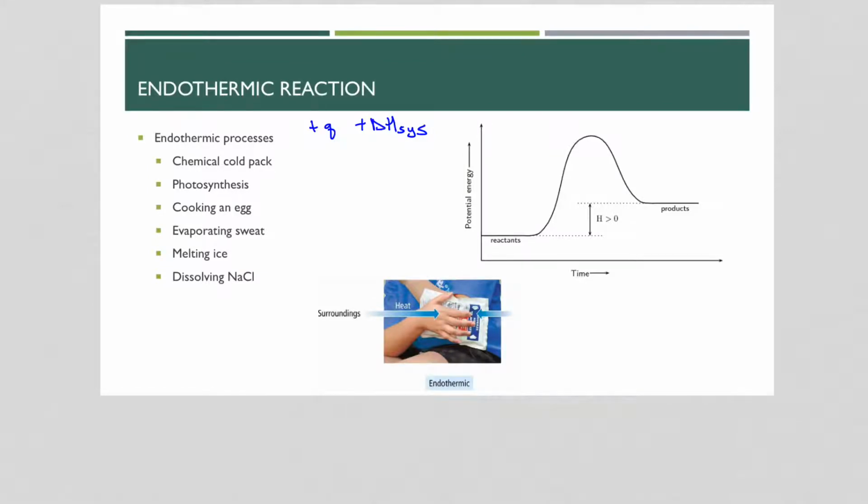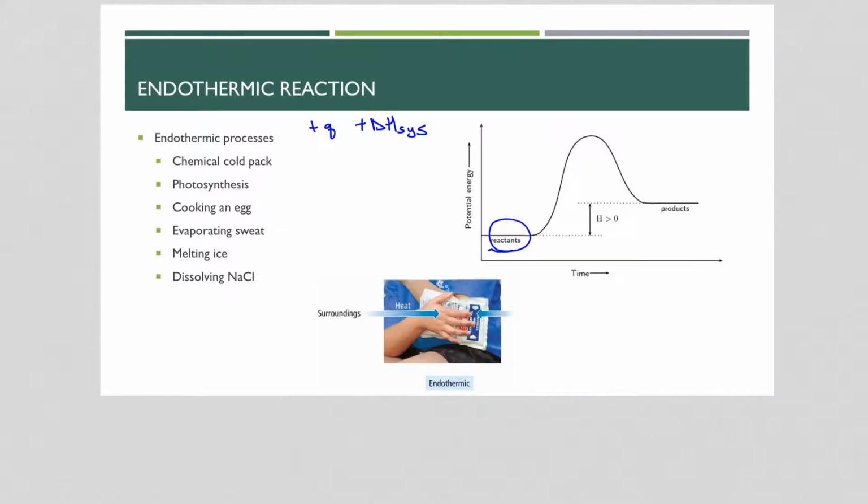So if we look at sort of a graphical way to look at this, and we look at the energy, the potential energy over the course of the reaction. So if we start here with our reactants and we compare them to our products, we're going to go up, because we need this change to be positive.